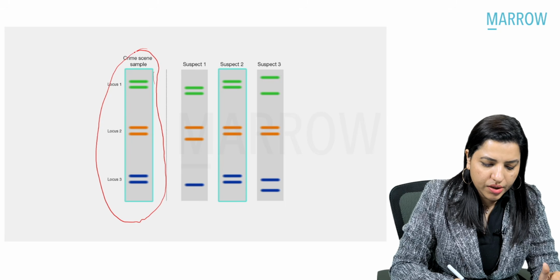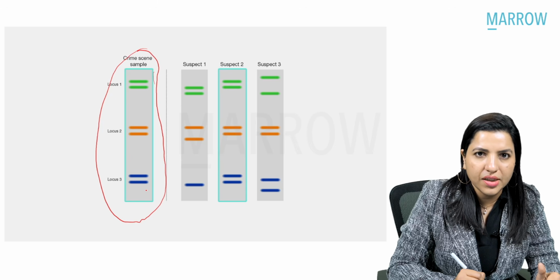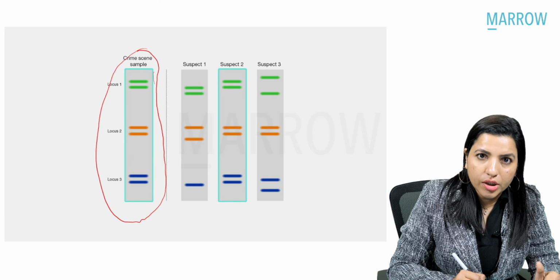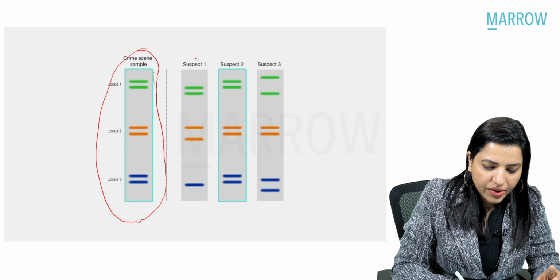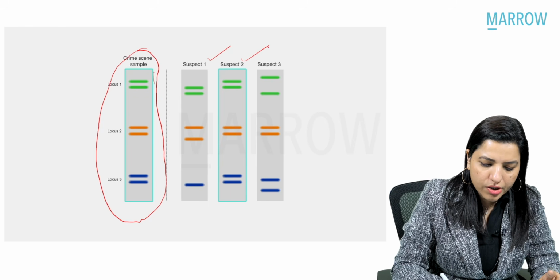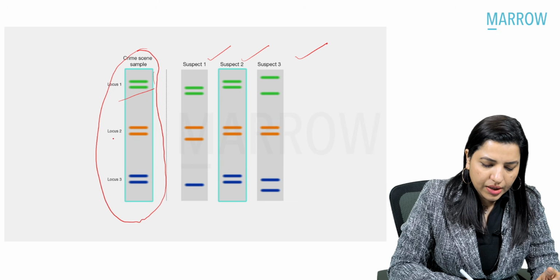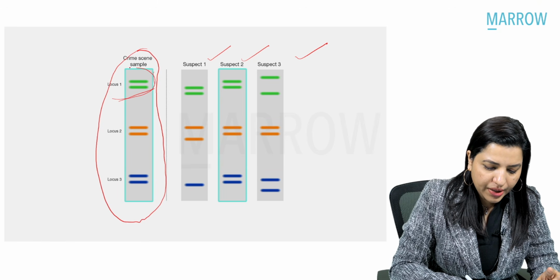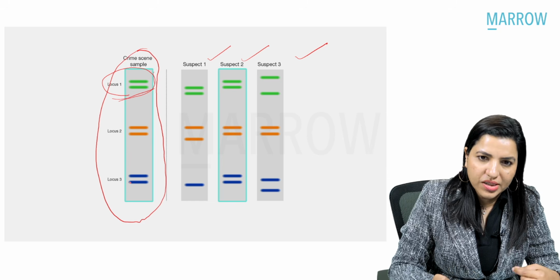Now we have three suspects here, suspect 1, 2 and 3. We have to compare the bands from the DNA that we obtained from the scene of crime to the suspects.